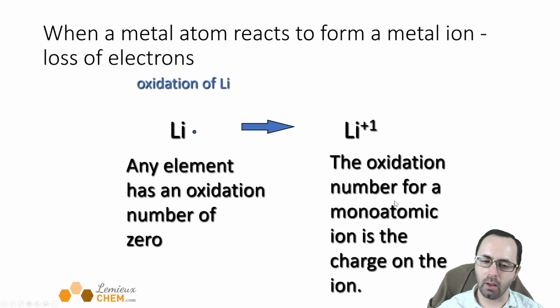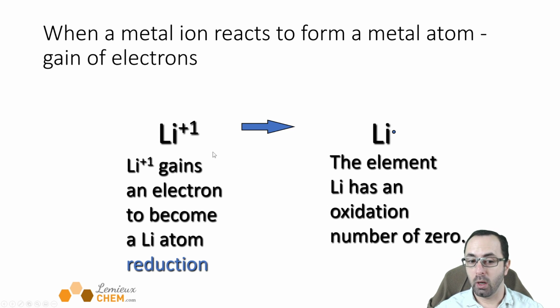So we're not going to have to assign oxidation numbers, just think of the charge. So the other way I think of oxidation is that if the charge goes up, this charge is 0 here, it's not written, but the charge is 0. It went from 0 up to positive 1. When the charge or the oxidation number goes up, that's oxidation. And that happens because an electron is lost. The lithium lost 1 electron when it made this ion.